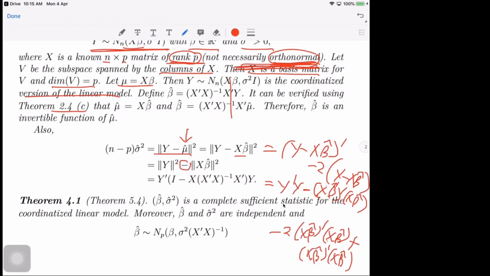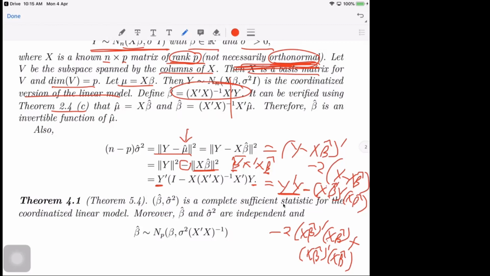And then if we rewrite this in this manner, Y prime first, then beta hat prime X prime X beta hat, and then expand beta hat in terms of this. Then you can factor out the Y outside. Are you with me? Yes, ma'am.